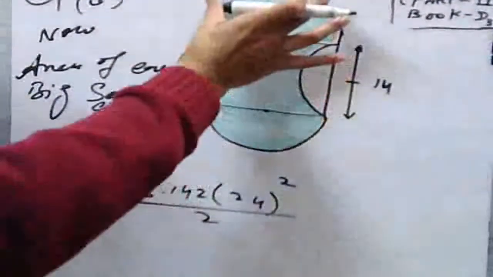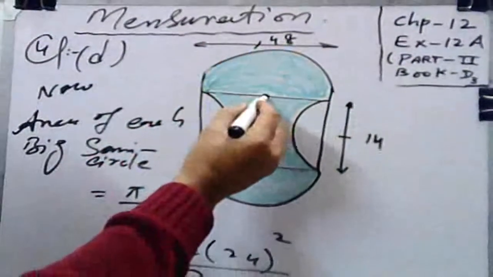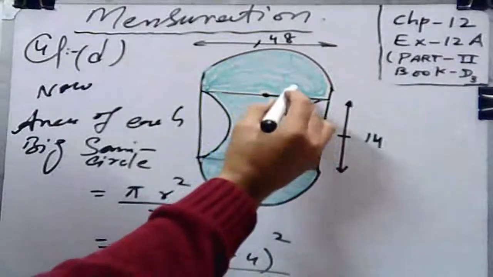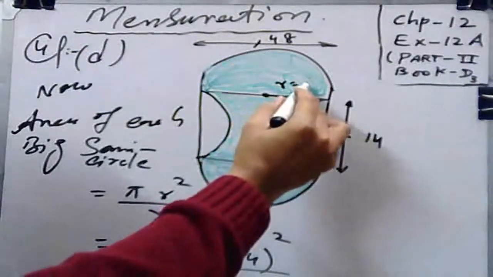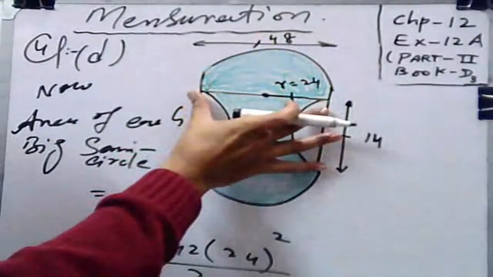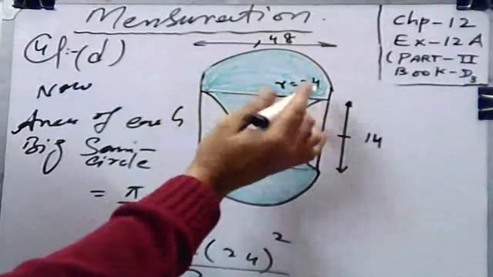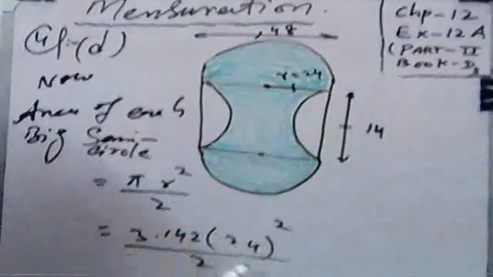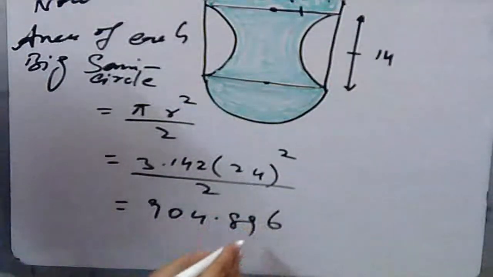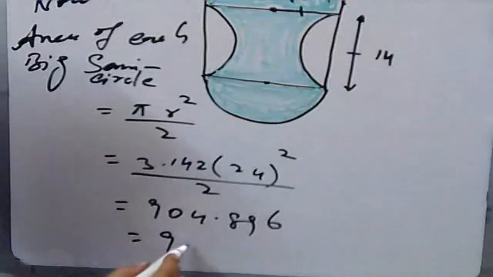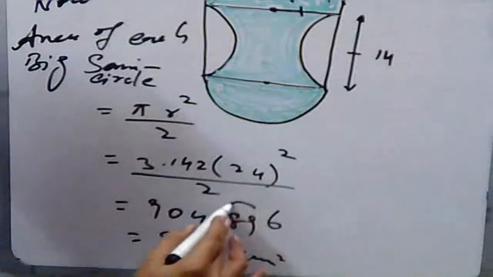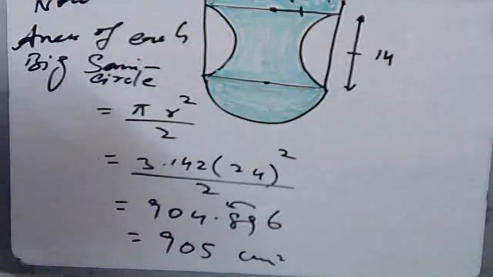You can see here is 48, but we need the radius only, that is r, which is equal to 24, because 48 is your diameter, and divided by 2 you will get 24. Now after putting the values, you will get 904.896, and after rounding you will get 905 centimeters square.